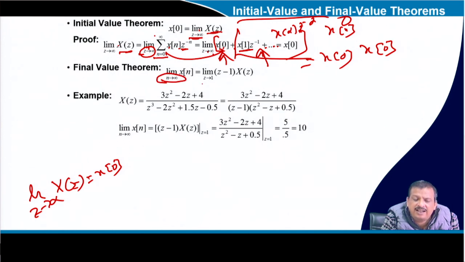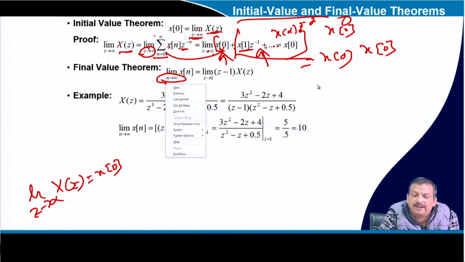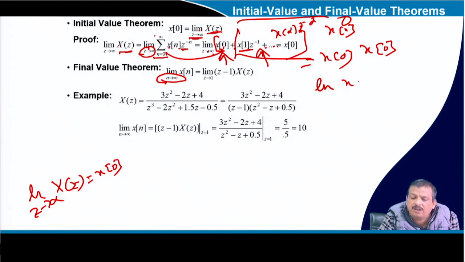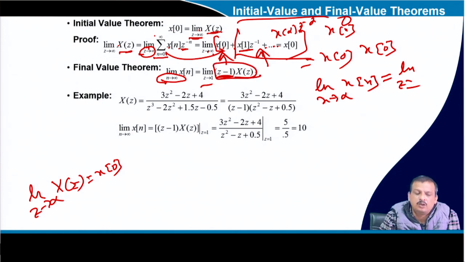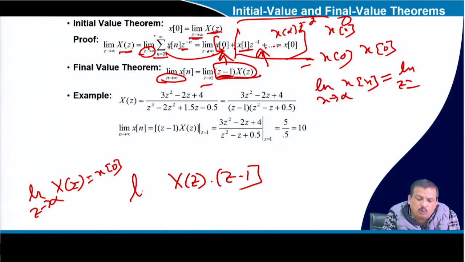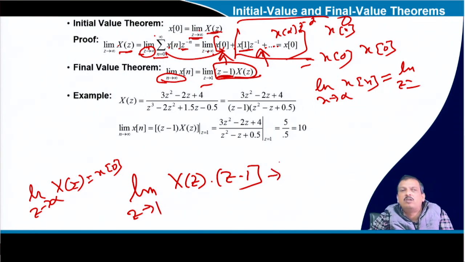Here, the limit of x[n] as n tends to infinity is equal to the limit z tends to 1 of (z minus 1) into X(z). So, X(z) is multiplied by z minus 1, then I put the limit z tends to 1, and I get the final value of the signal, x[infinity].